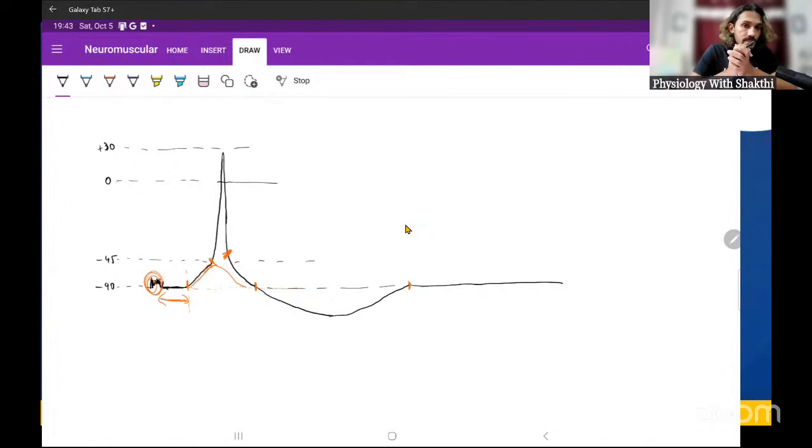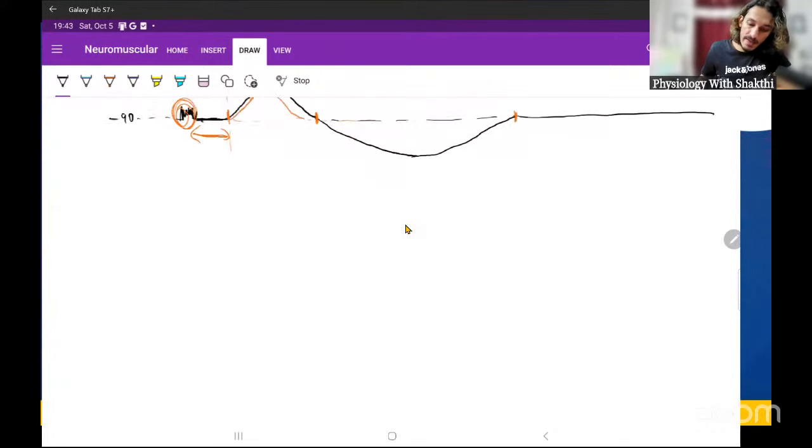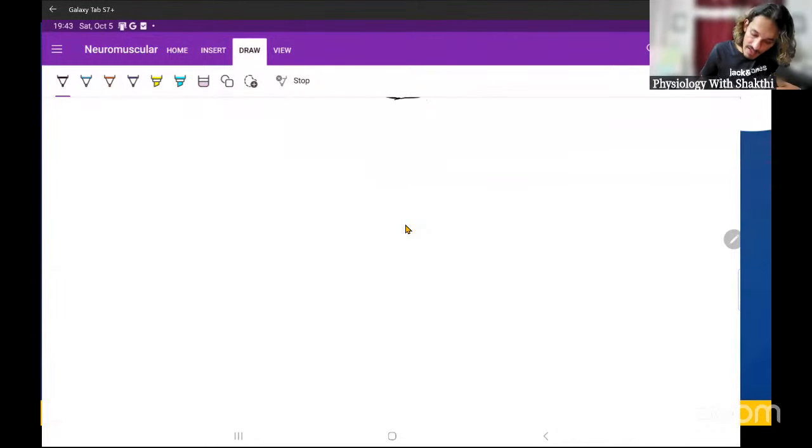What are they called? So again, the first thing, you're giving a stimulus. Once you give a stimulus, that stimulus has to now open up an ion channel. It should get carried through the membrane and reach inside to activate it. So all of that is basically the latent period.